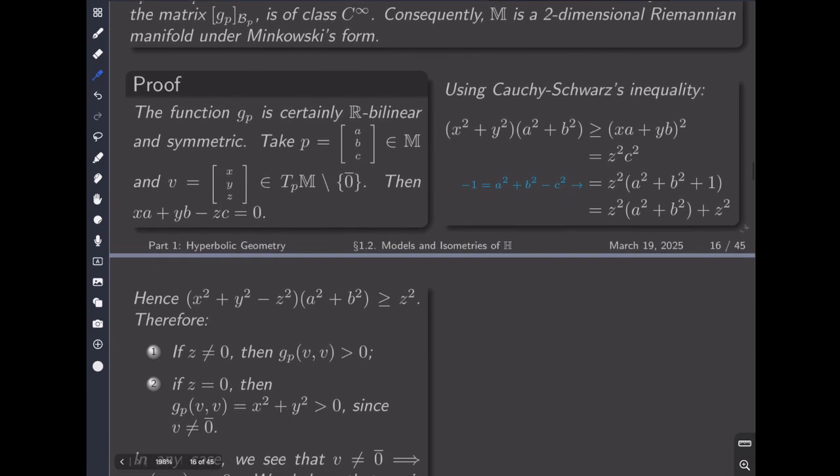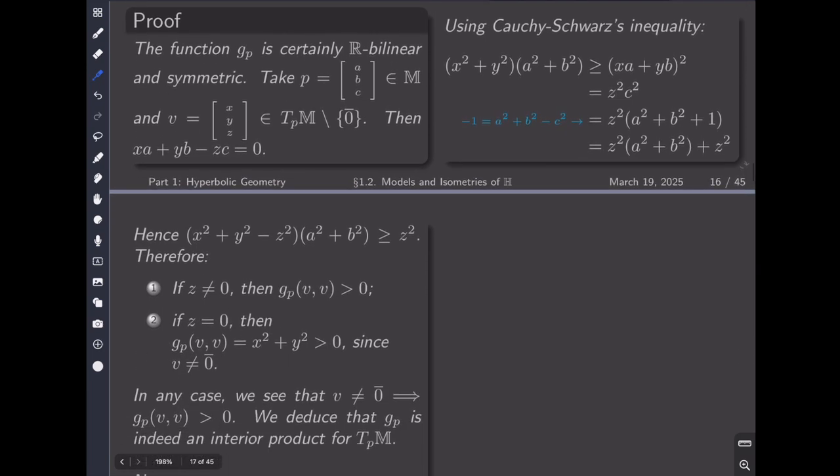Maybe I don't want to read the proof, but it is really easy, right?